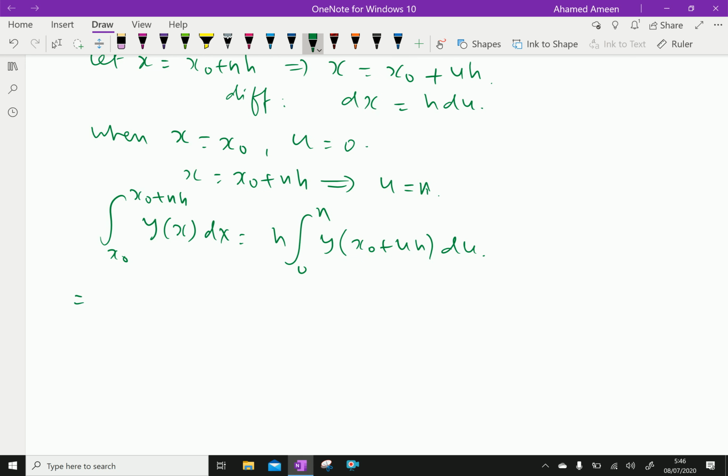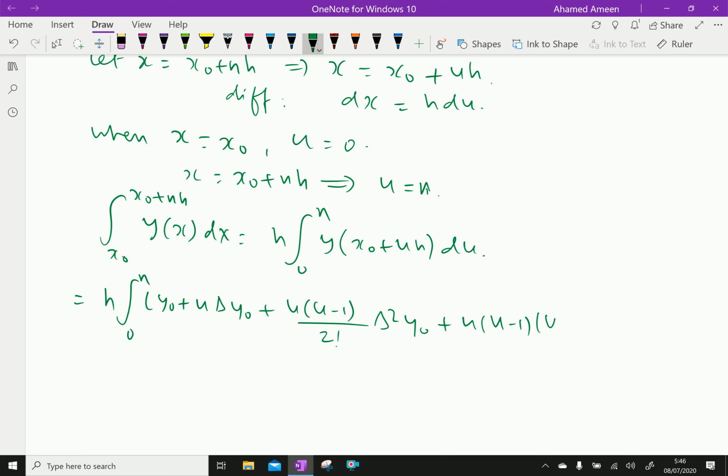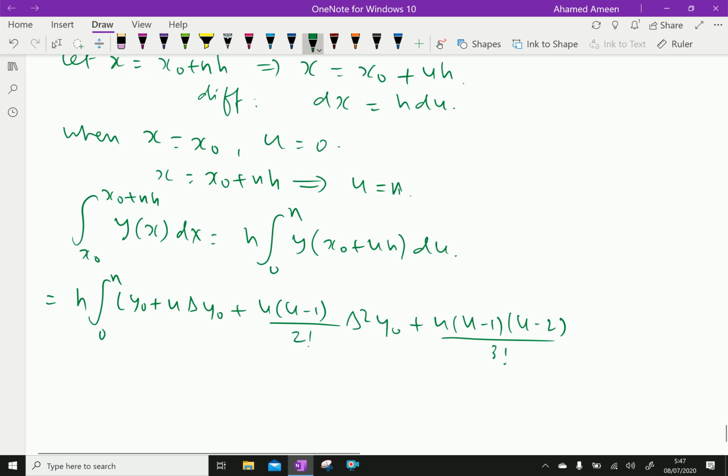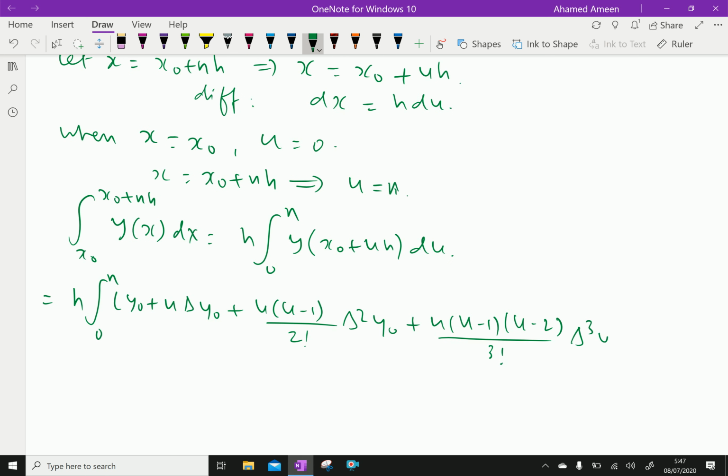Now we continue. h times the integral from 0 to n of y of x0 plus uh, applying it in terms of the difference formula: y0 plus u delta y0 plus u into u minus 1 by 2 factorial delta square y0 plus u into u minus 1 into u minus 2 over 3 factorial delta cube y0, then the terms continue, with du.